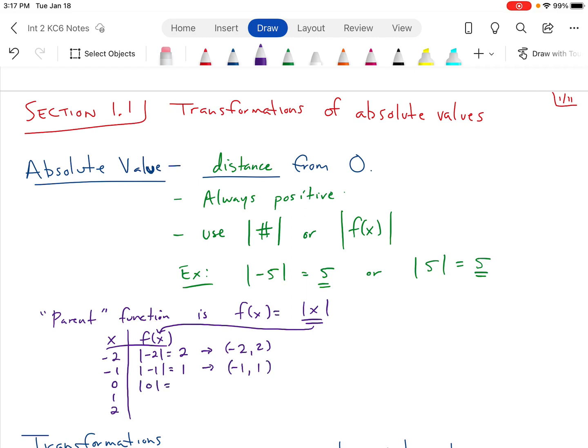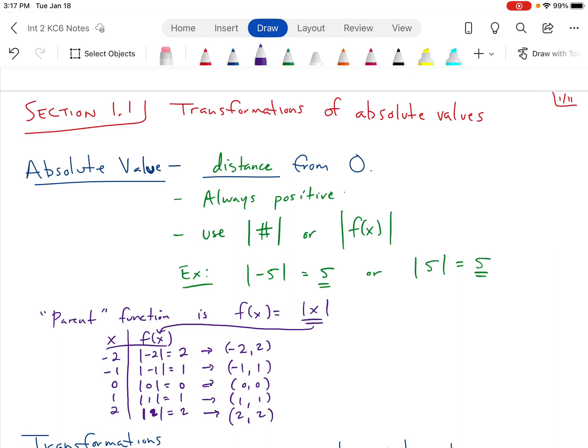If I plug in 0, absolute value of 0 is 0, so I get 0, 0. Absolute value of 1, again, is +1, so I get 1, 1. And then last but not least, 2, which is 2. So I get 2, 2.